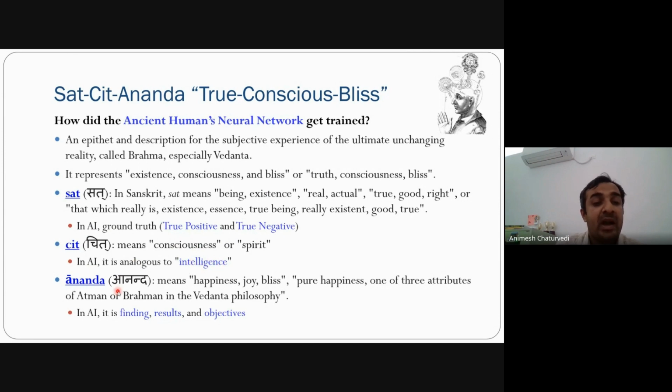And Anand is basically related to happiness, whether your classification is successful or not, whether it's happy or not, meaning your algorithm has correctly answered the queries or not. That's how Vedanta's philosophy was related to finding results and objective, Anand.